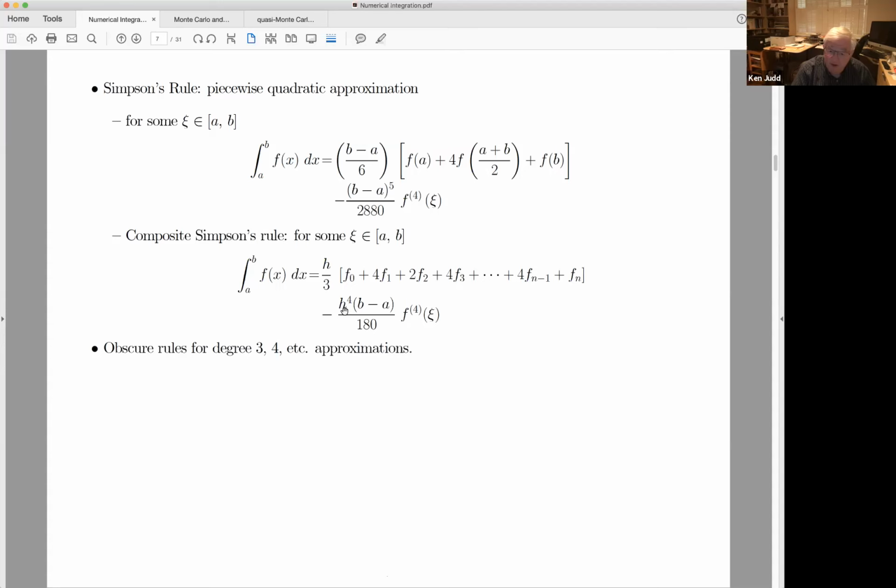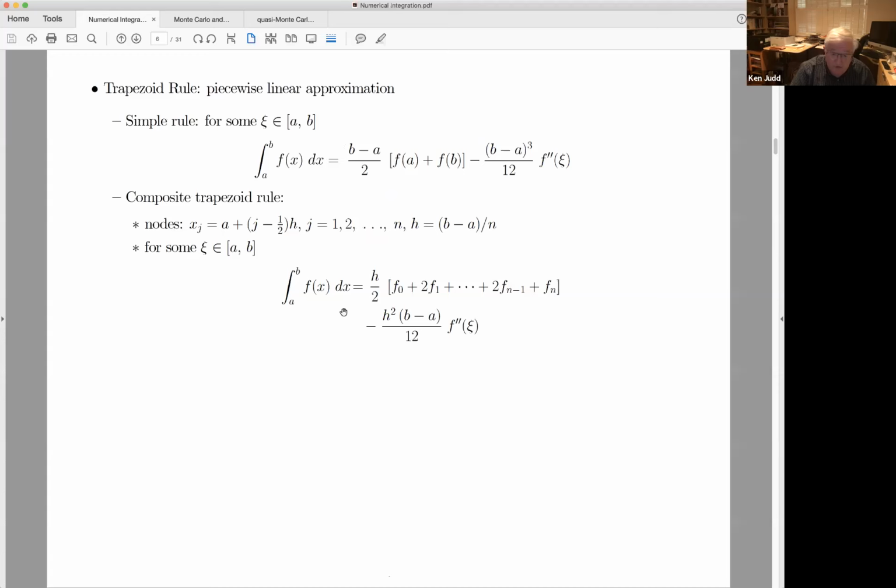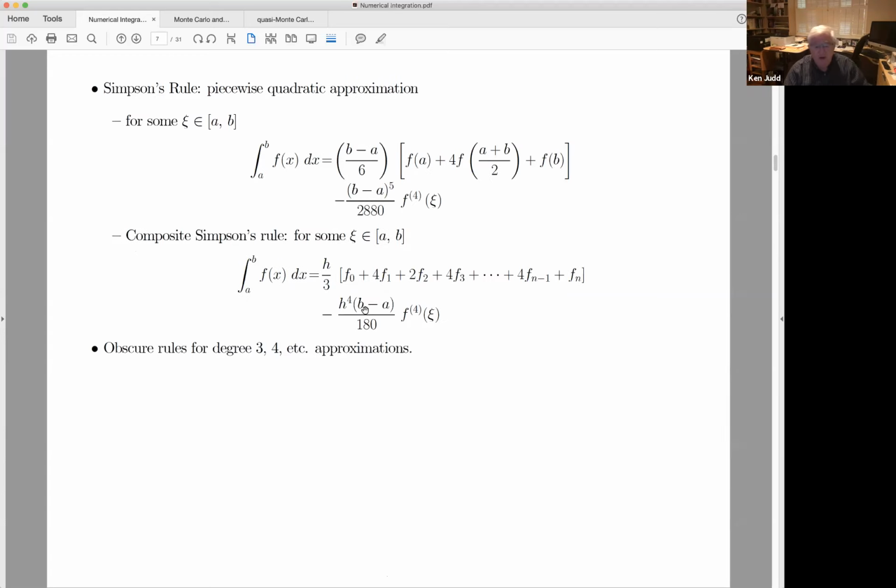Whereas it was quadratic for the piecewise linear, so you can take the same number of nodes and get a dramatically smaller error for Simpson's rule.